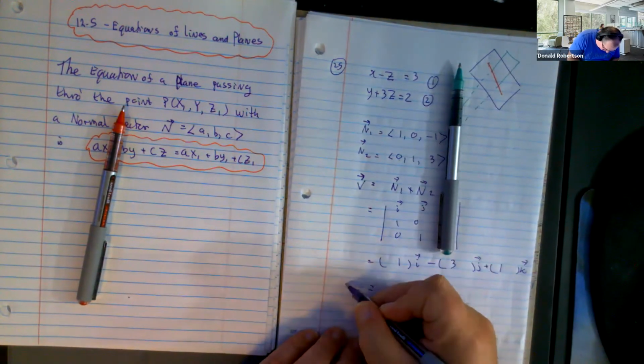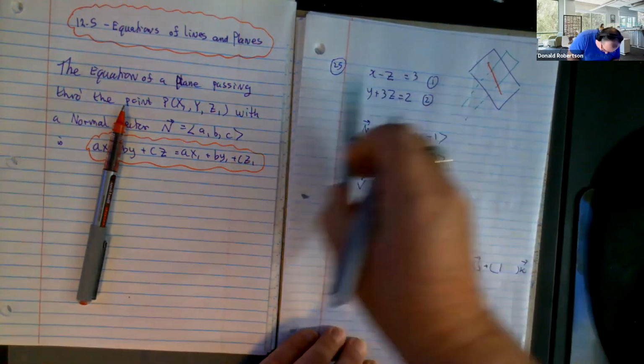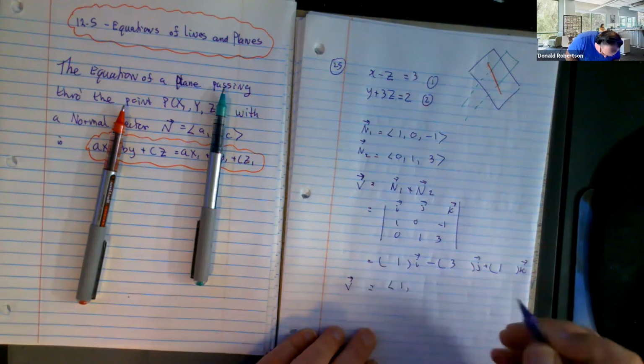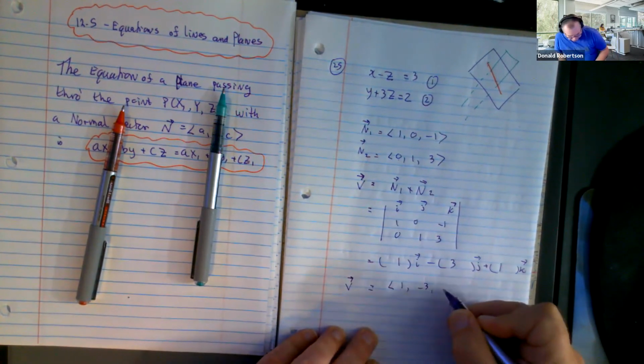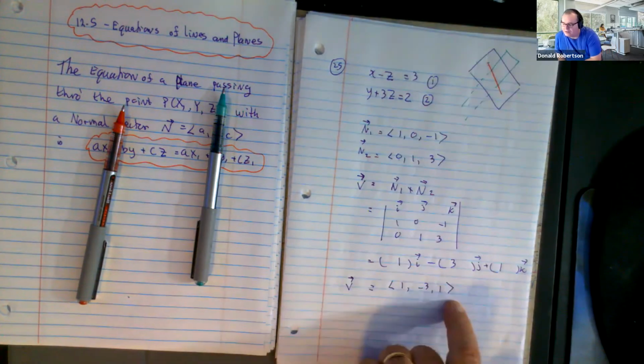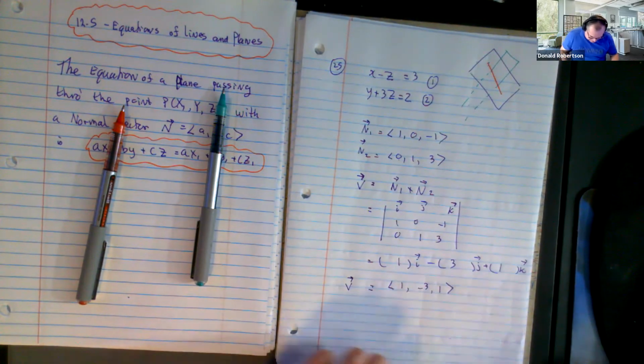So the direction vector is 1, -3, 1. You agree that's the direction vector of the line. Now, that's good.